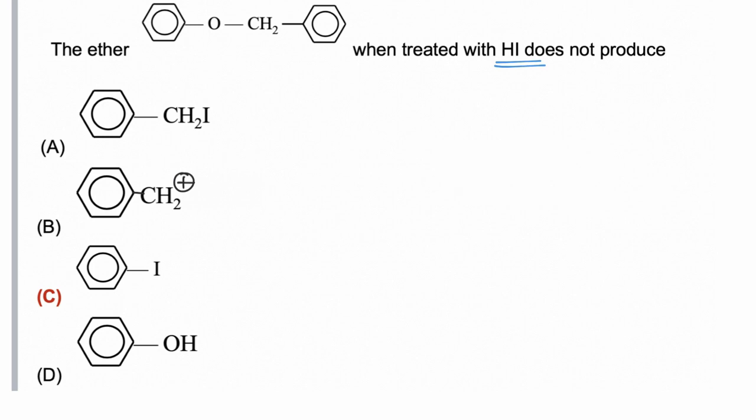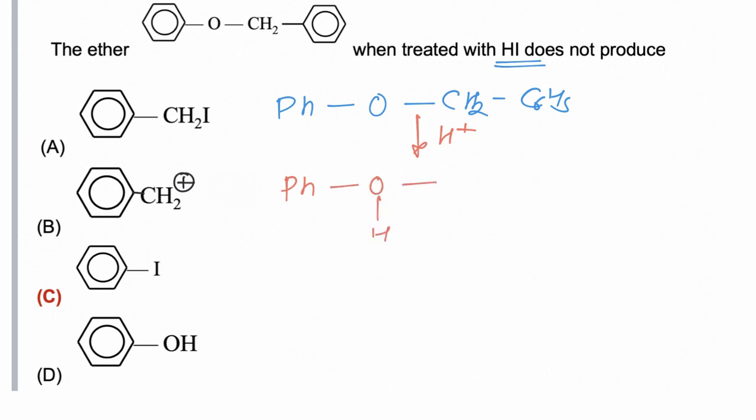In this question we have to find which product is not formed when HI is reacted with benzyl phenyl ether. So first of all, PhOCH2C6H5, in presence of the strong acid HI, the oxygen gets protonated and it is converted into PhOH CH2 and C6H5.